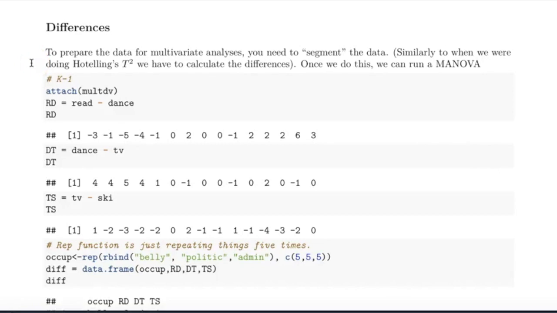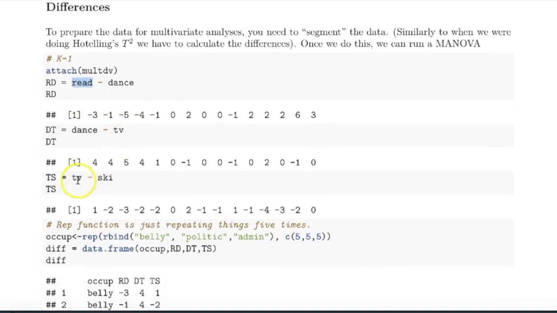And we're going to do that so that we can actually create a new data set that we're going to run the ANOVA on. So that's more data management that we have to do. I don't think it's that difficult, at least. So I created new variables called RD because it's essentially just a subtraction of the vectors read minus dance, and then DT, dance minus TV, and then TV minus skiing.